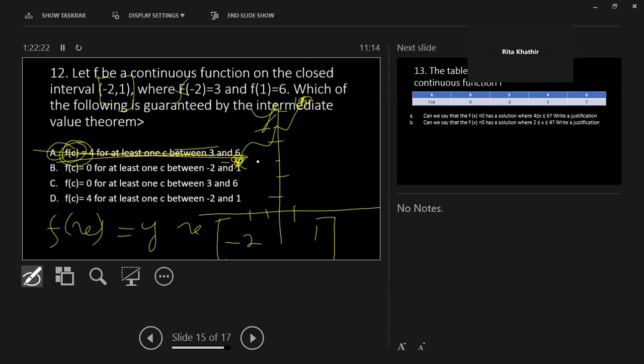Look at this interval for the Y value. For the Y value, you have the interval between 3 and 6. Is it possible then that you have 0? No. That is the way.